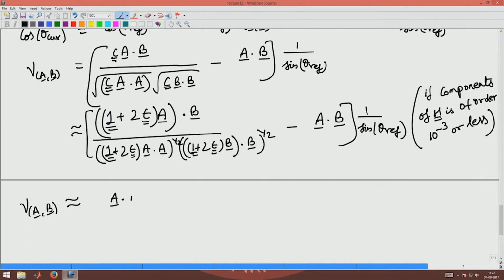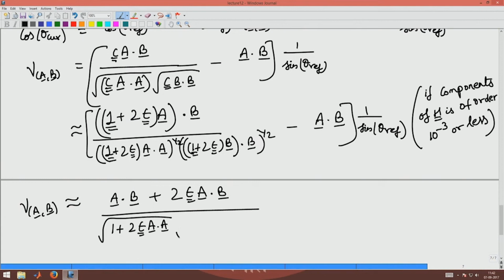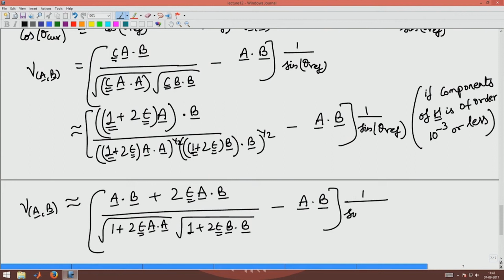A dot with B plus 2 times epsilon A dot with B, divided by square root of (1 plus 2 times epsilon A dot with A) times (1 plus 2 epsilon B dot with B), minus A dot with B, the whole divided by sine theta ref.